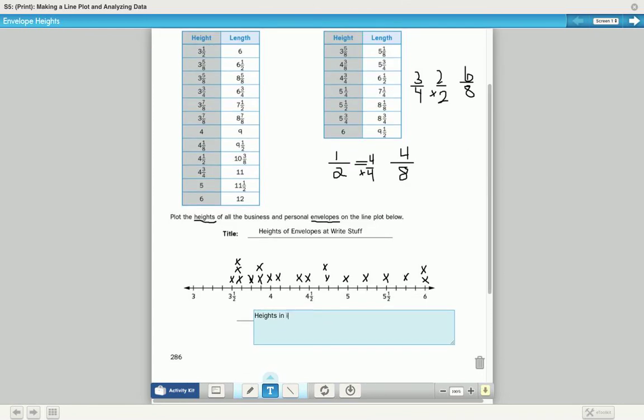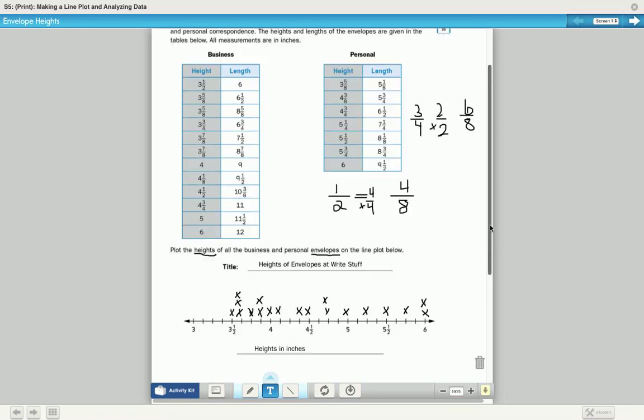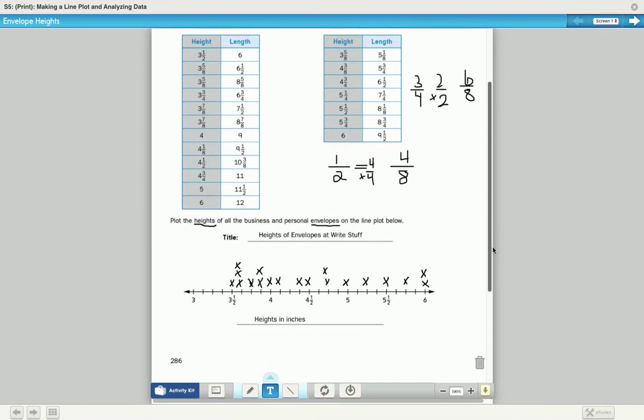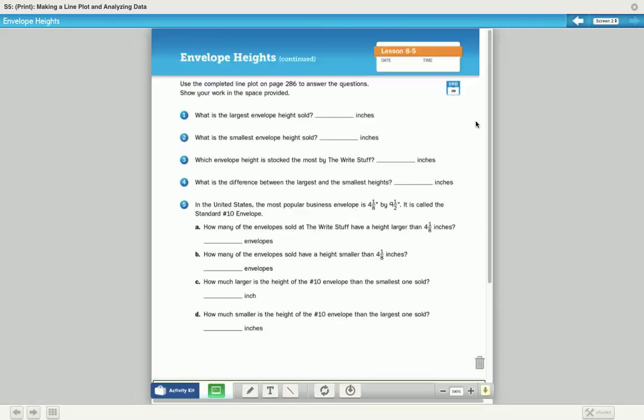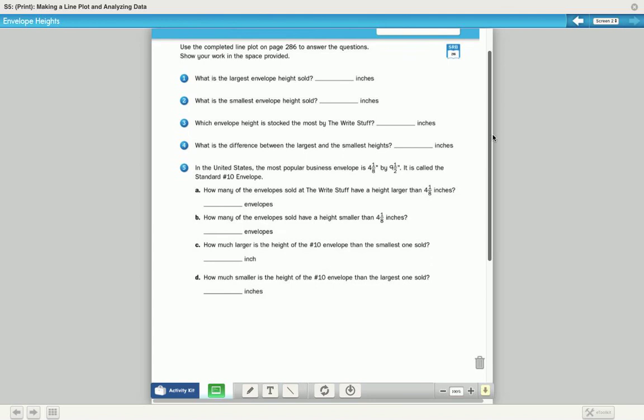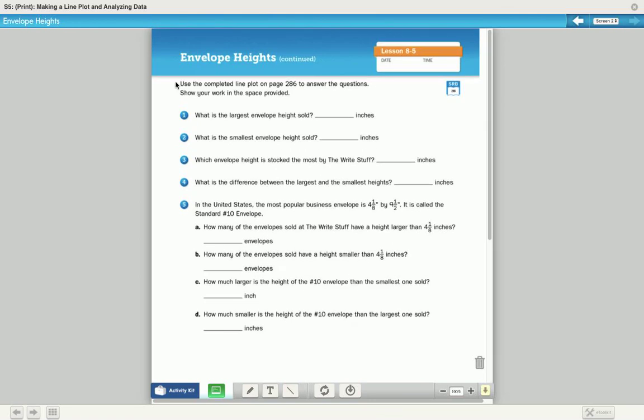So heights in inches. And you could even say heights to 1/8 of an inch. Okay, but heights in inches is fine. So this is what you would have for your labels and your numbers, your X's. So I'm going to go ahead and screenshot that, because then we have some questions that we're going to go to.